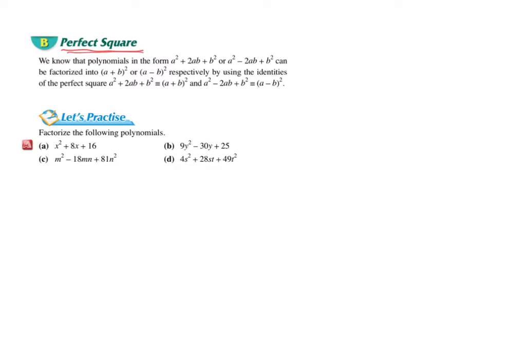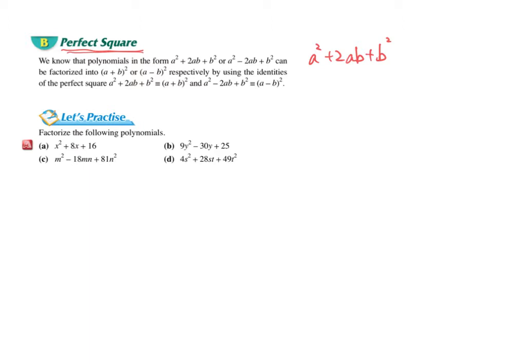Alright, so for this case we have two identities to do factorization with this type of question. First of all, the expression will be something like a squared plus 2ab plus b squared. Sorry, it should be a plus.